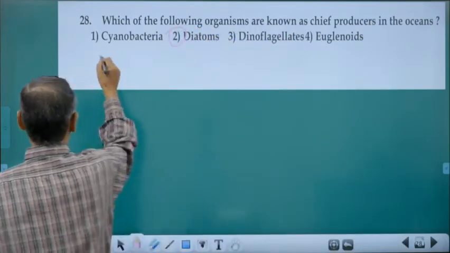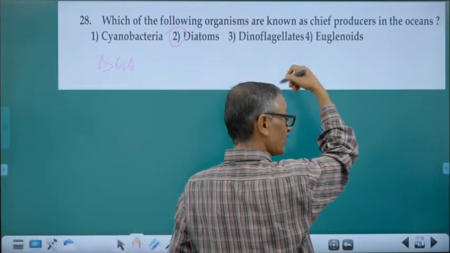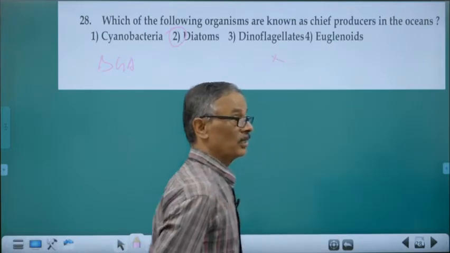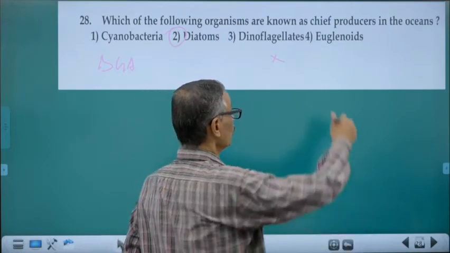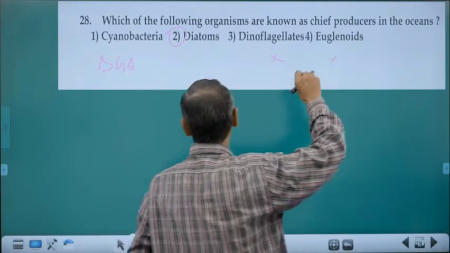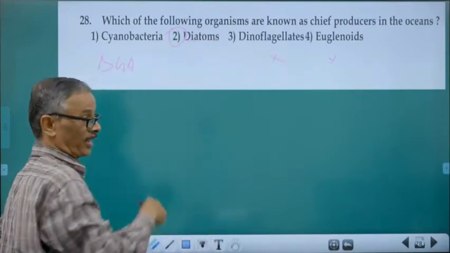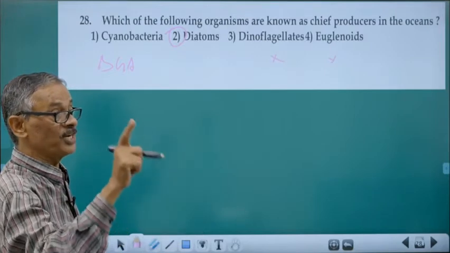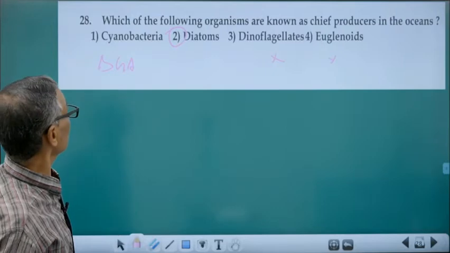Cyanobacteria are blue-green algae. Dinoflagellates are also autotrophs, but they are not the most important producers. Euglenoids are also autotrophs. So, these three are all autotrophs along with diatoms, but diatoms, chrysophytes, are the pastures of the sea, the most abundant in number. Okay.